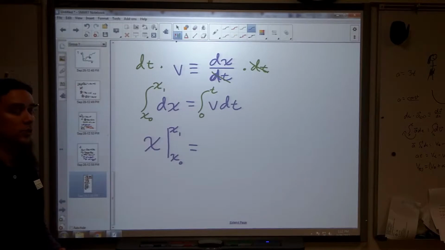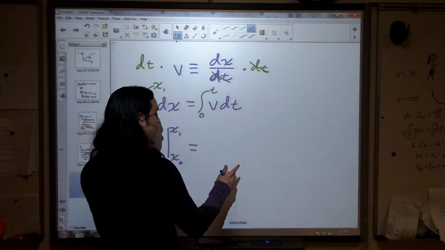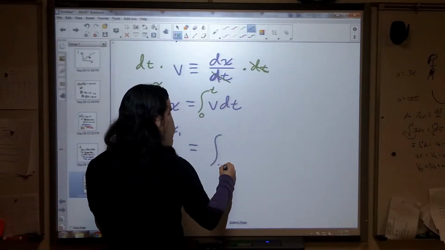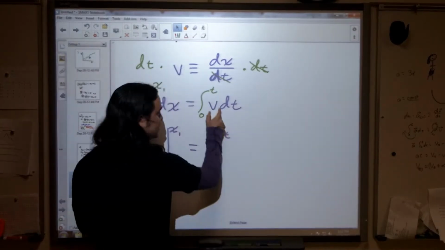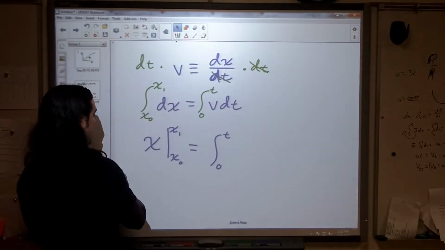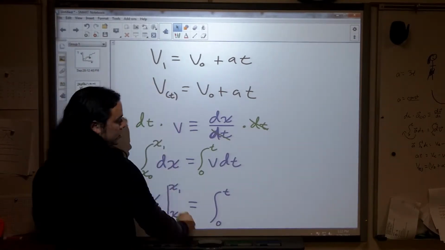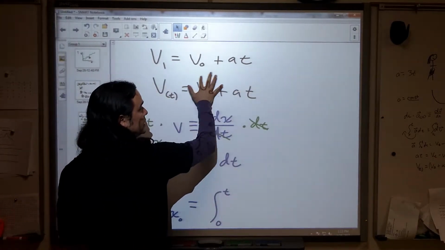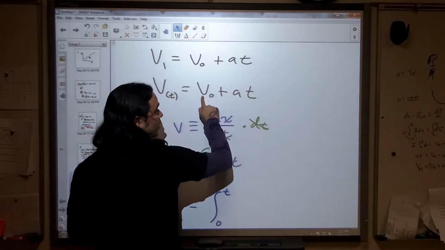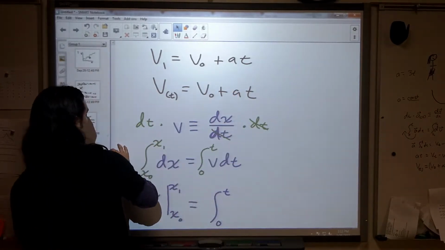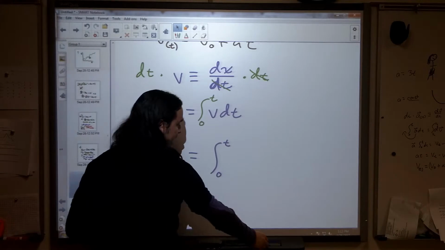We're going off the assumption that our acceleration is constant, but if our acceleration is constant, then I can do the following. This is velocity as a function of time. And this is what the velocity will be as a function of time if acceleration is constant, so we're going to go ahead and use that.